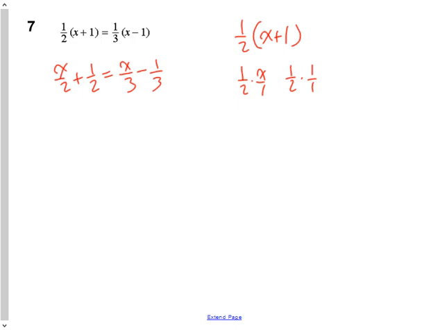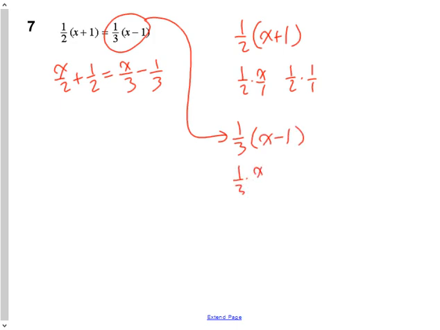Sorry, let me do this one here for you. A third times x and a third times negative 1 would be x over 3 and negative 1/3. So when I expand both sides, I get that. Everyone's good with me so far?